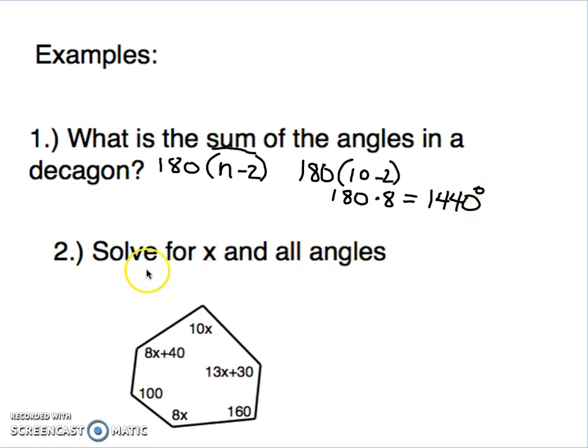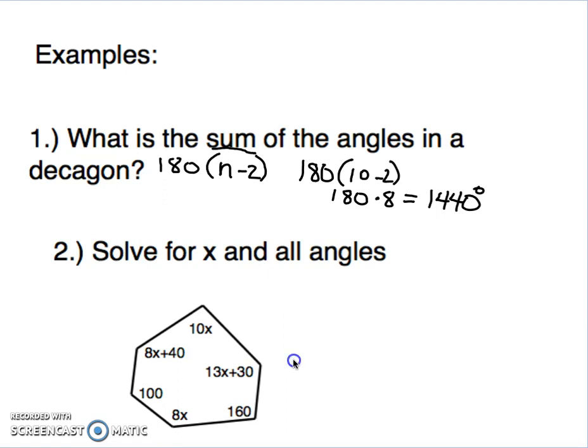But we could also have an example like this. In this example, we're supposed to solve for x and all the angles in this polygon. When we did triangles, we knew that there was 180 degrees in every triangle, so we would just add up all the angles and set it equal to 180.